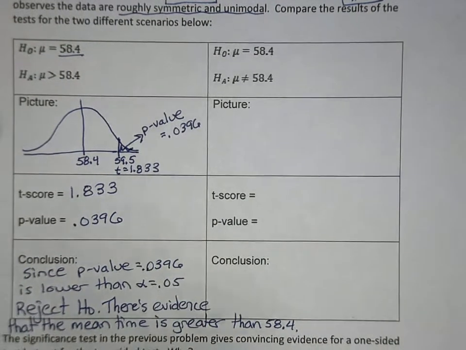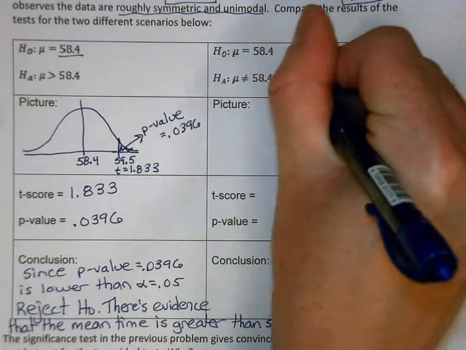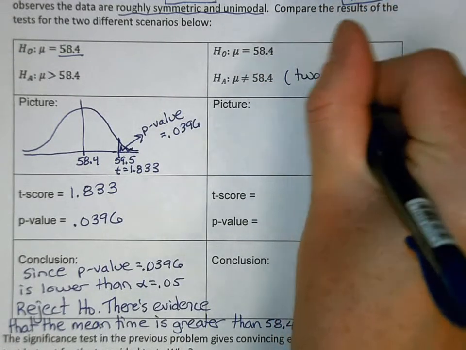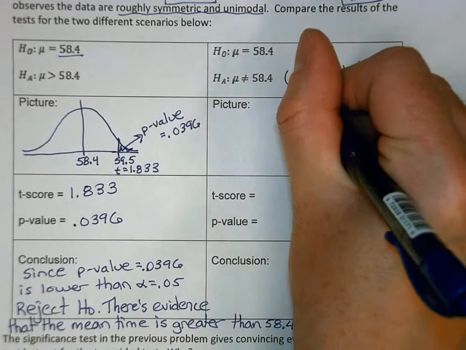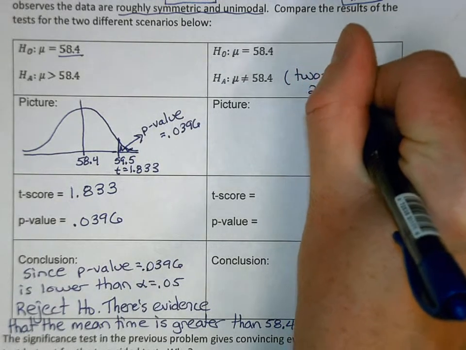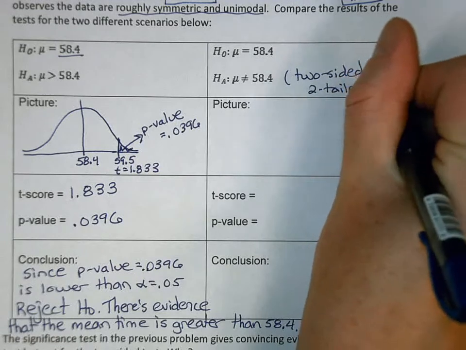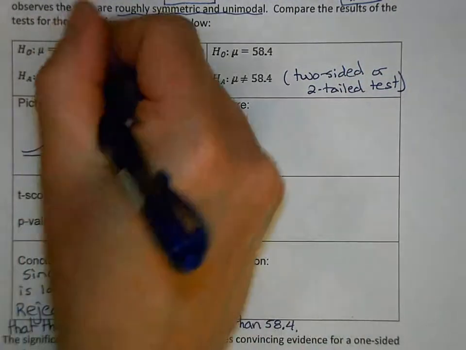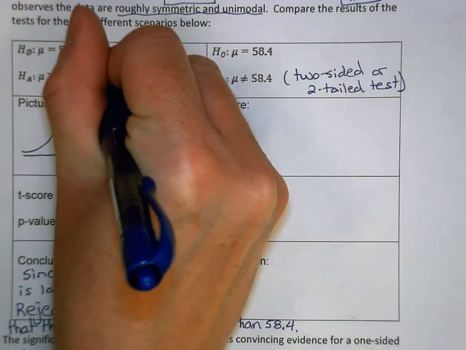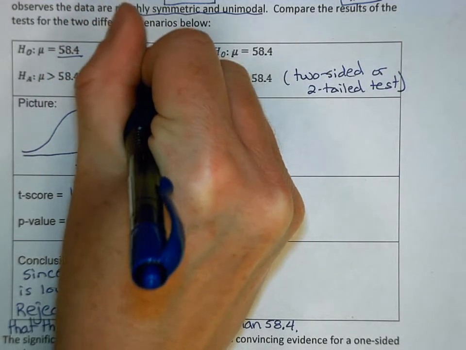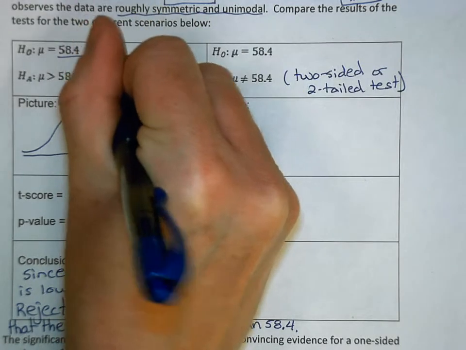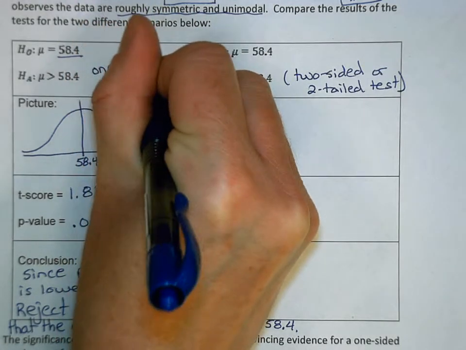This is called a two-sided test, otherwise known as a two-tailed test. Whereas before we were only pointing in one direction, so it was known as a one-sided test or a one-tailed test.